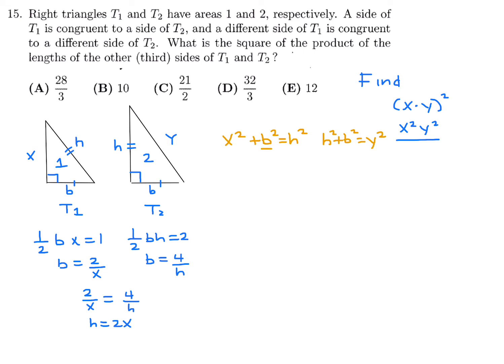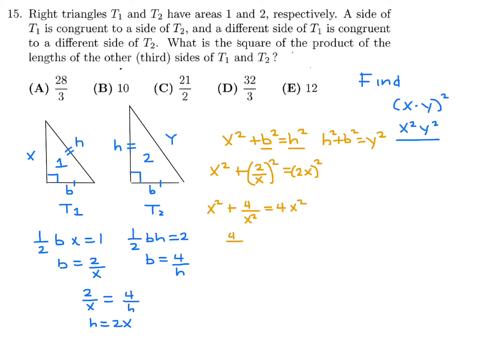I can substitute b in terms of x and h in terms of x. So it's x squared plus b squared, which is 2 over x squared, and then h squared, which is right here, 2x. So that would be 2x all squared. So x squared plus 4 over x squared is equal to 4x squared.